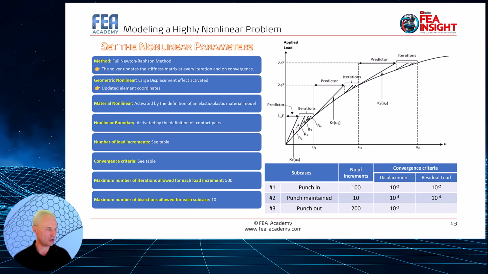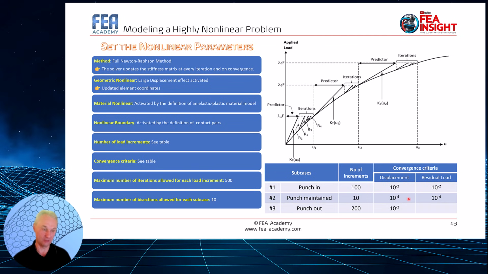For the number of increments, here you see for the three subcases, for punch in, we have 100 increments, and the convergence criteria are those values for the displacement and the residual load. For subcase 2, the punch maintained, it is 10 increments, with a tighter convergence criteria.